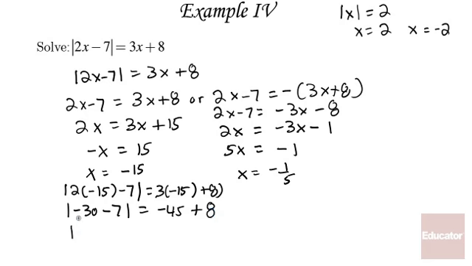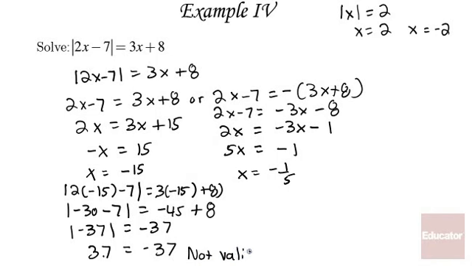This gives me the absolute value of negative 37 equals negative 45 plus 8, which is negative 37. The absolute value of negative 37 is 37. Well, 37 does not equal negative 37, so this is not a valid solution. This did not satisfy this equation. So x equals negative 15 is not a valid solution.